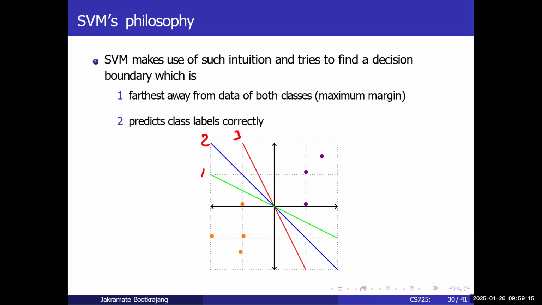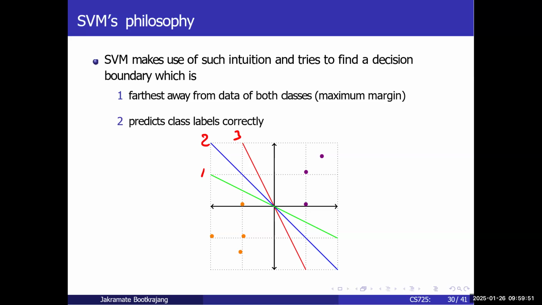The question is, which one is the best line? How would you pick the line? Which one do you think would be the best, 1, 2, or 3? Each is a valid solution because it can separate the data, but we want to find just one that is considered the best.